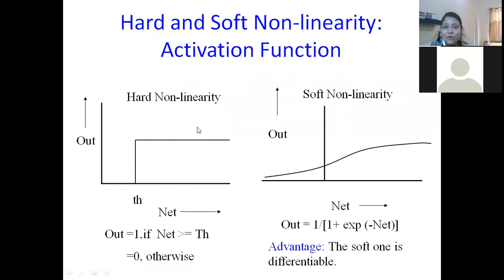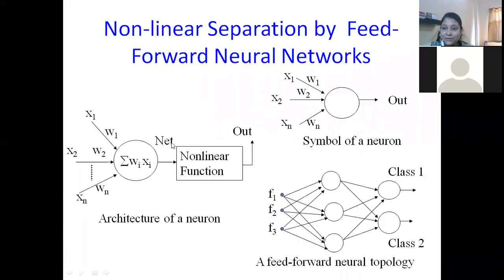Hard and soft non-linearity means, if you closely observe, this is one kind of step function, which we have already learned in control system and sometimes in digital signal processing as well. So this is a kind of step function which we can term hard non-linearity. Why is it called hard? Because if the net value, that means net value means this value, net value means this value.